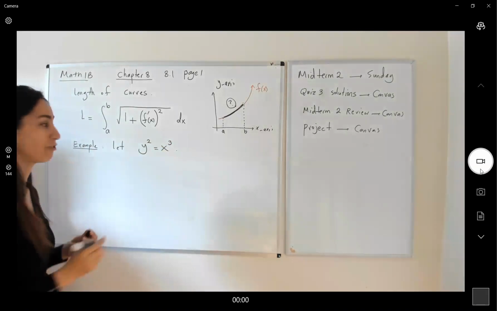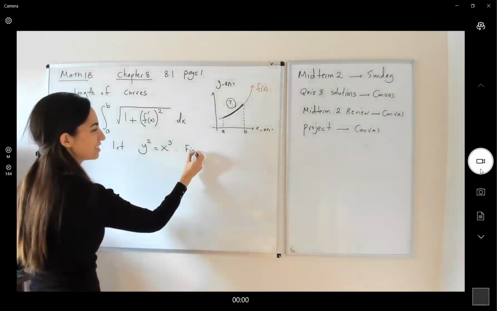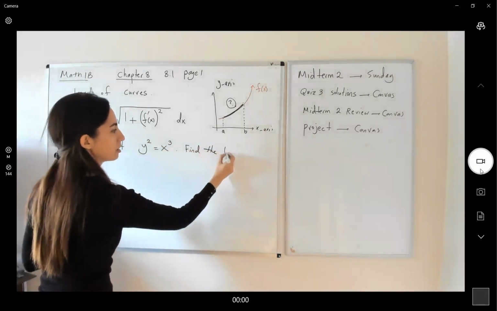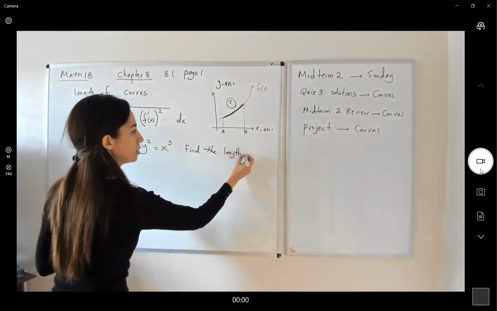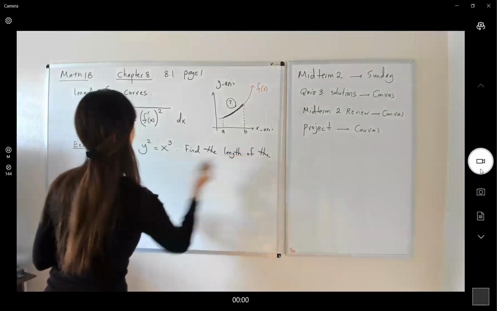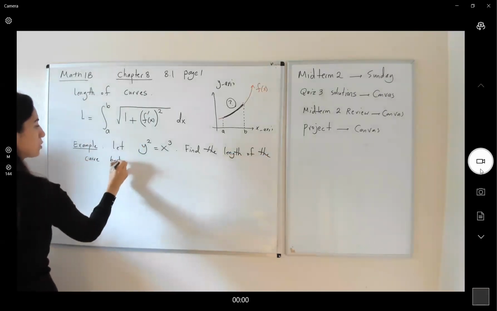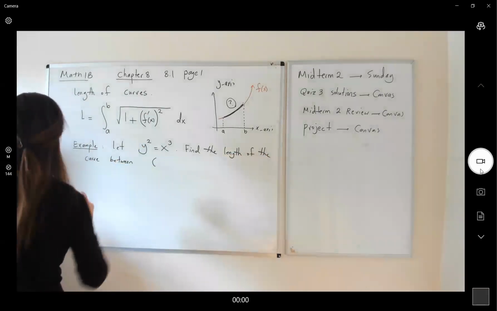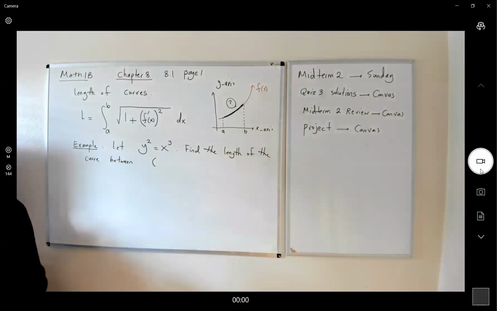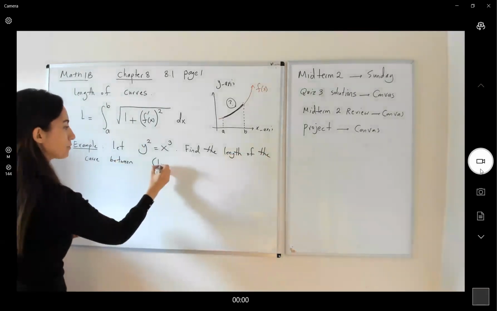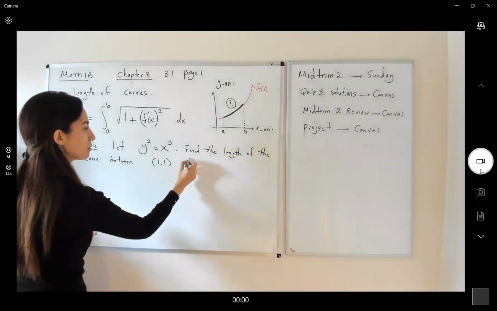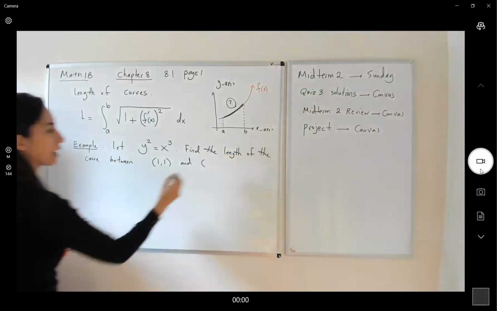The question says find the length of the curve between these 2 points. The first point is (1, 1), and the second point is (4, 8).